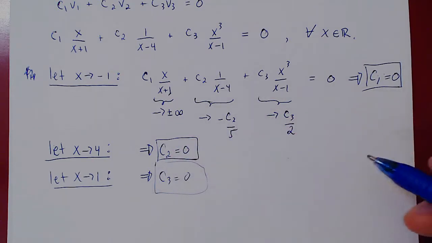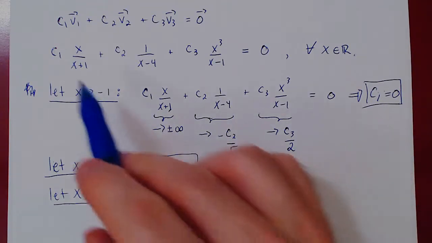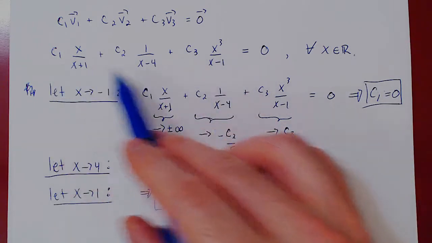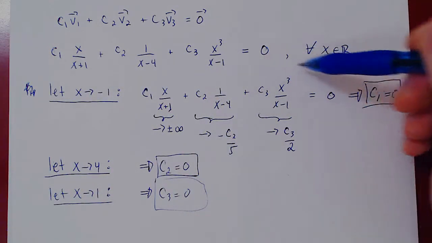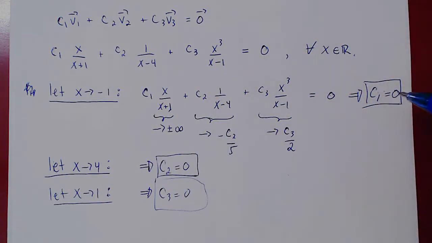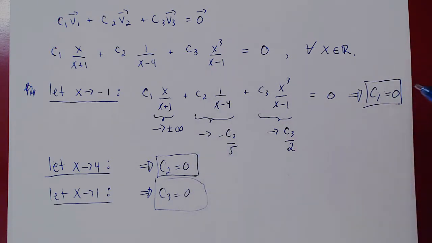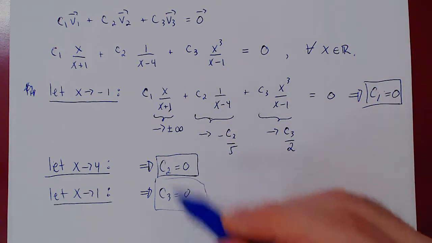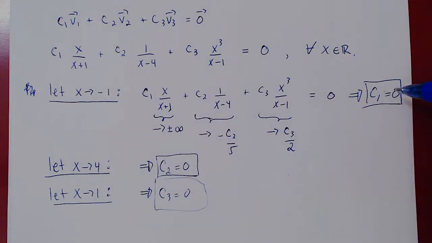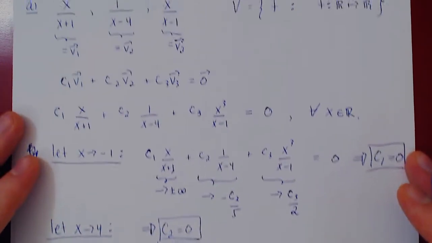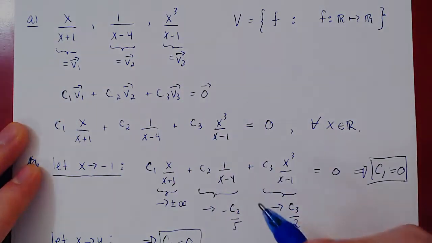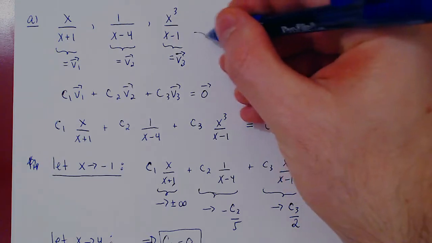But look at this. The only way to have a linear combination of our three rational functions being equal to 0 for all values of x is for c1 to be 0, c2 and c3 to be 0. Therefore, the only solution is the trivial solution, where all the coefficients are equal to 0, which proves that our three rational functions are linearly independent.